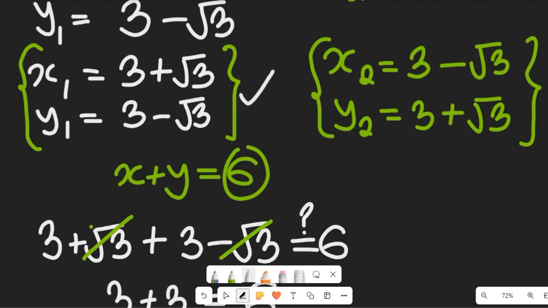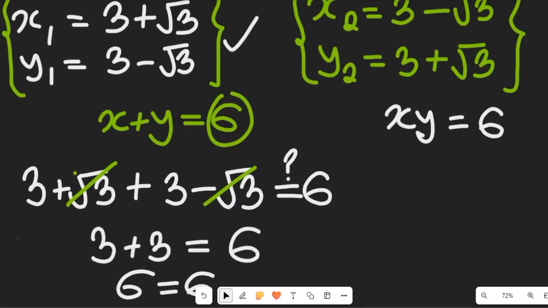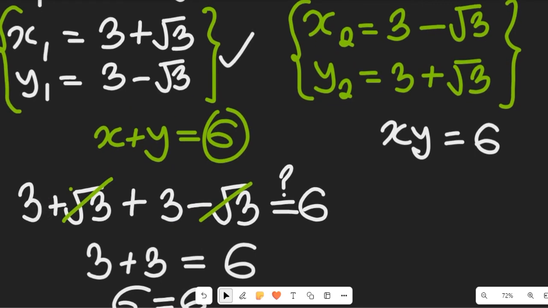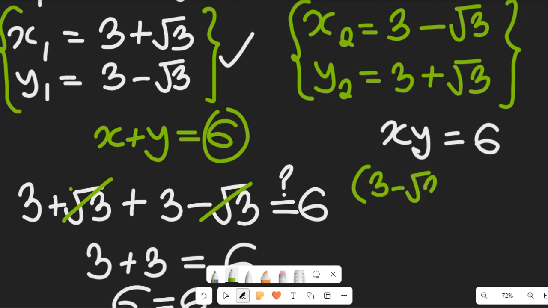Now on the other side, we are given that x times y is equal to 6. Now if we multiply those two expressions, will they actually give us 6? Let's try them out. We will have 3 minus root 3 multiplied by 3 plus root 3. Will they actually give us 6?